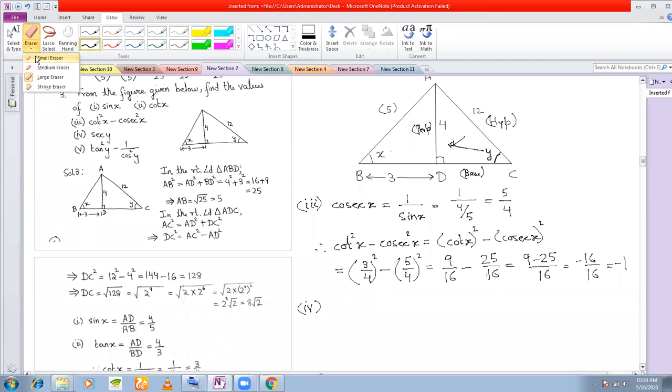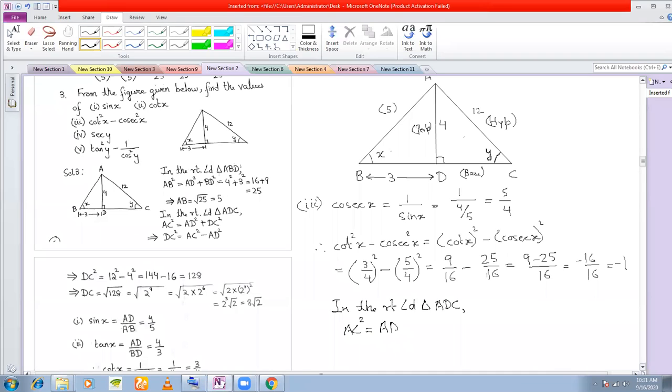So what I'll do here is, by Pythagoras theorem, calculate the length of the base before attempting to calculate the ratio. So let's calculate first. In the right angle triangle ADC, hypotenuse square, which is AC square, is equal to perpendicular square, which is AD square, plus base square, which is DC square.